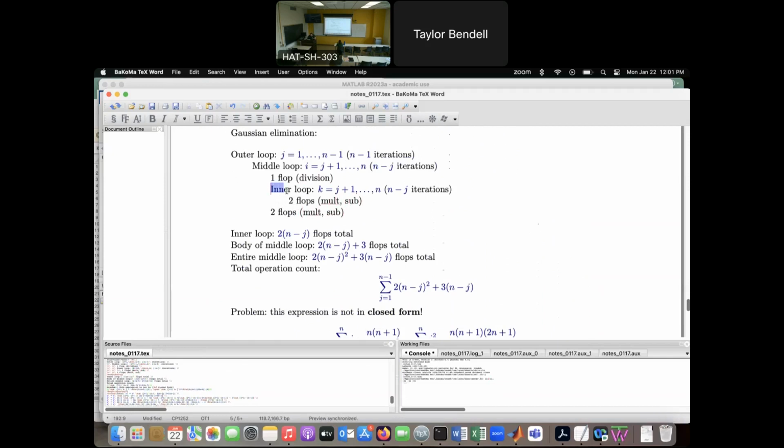Now, since this right here is happening in a loop, if I do this breakdown here, the number of additions and subtractions we have is n minus j plus 1.